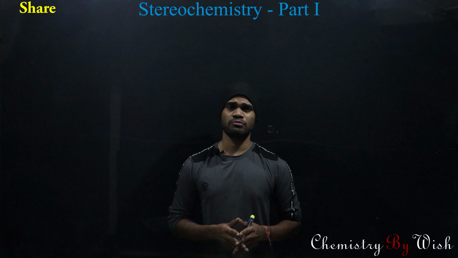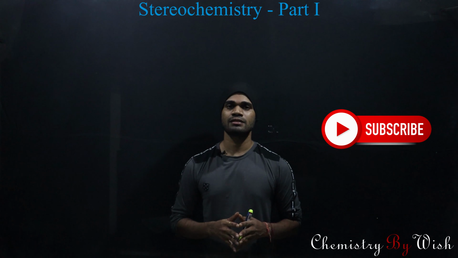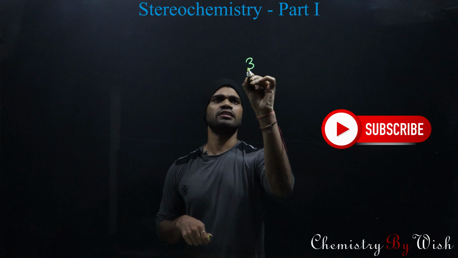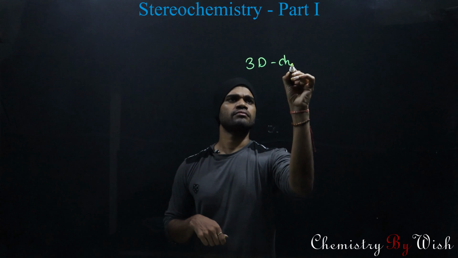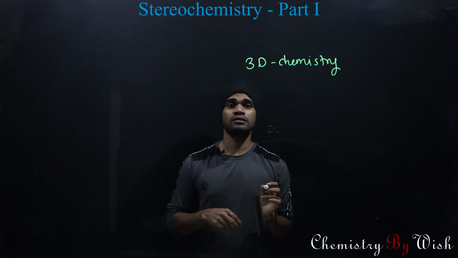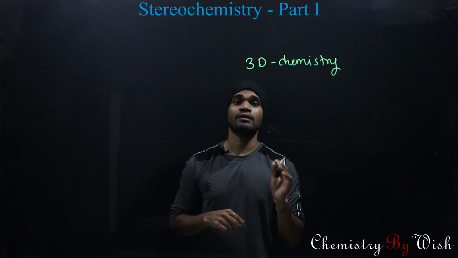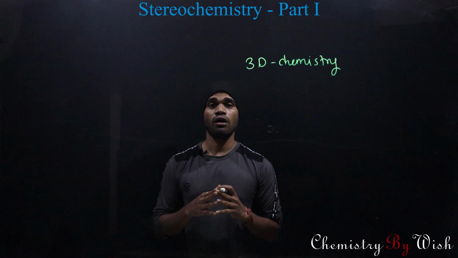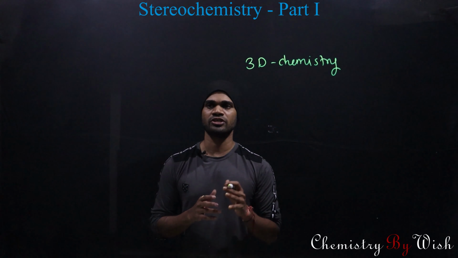So what is stereochemistry? In simple language, stereochemistry is called three-dimensional chemistry, that is, 3D chemistry. Three-dimensional means that the molecule is represented on the x-axis, y-axis and z-axis. In general, we draw a chemical structure in two dimensions like this one.